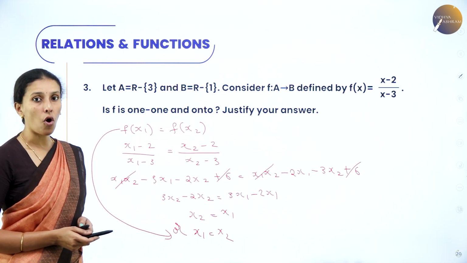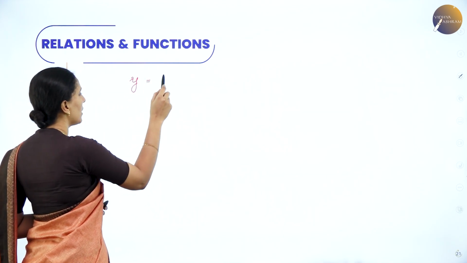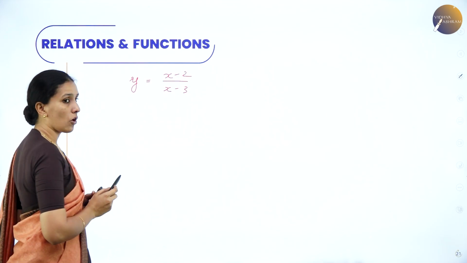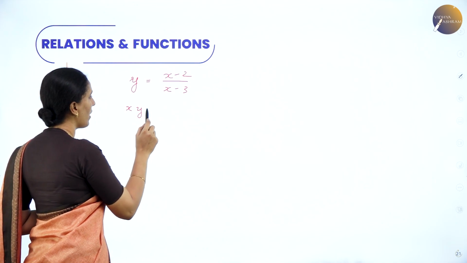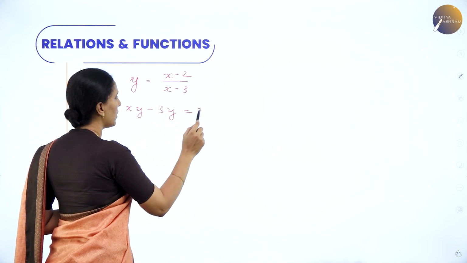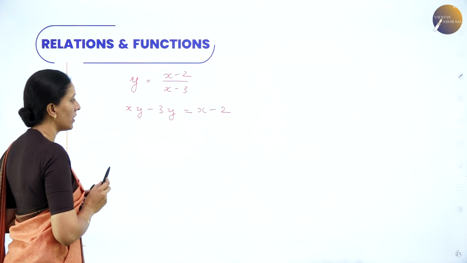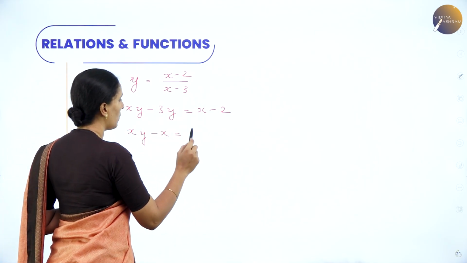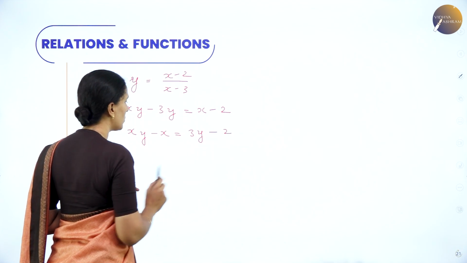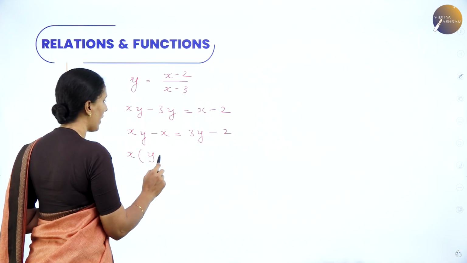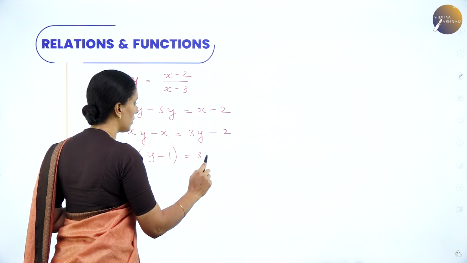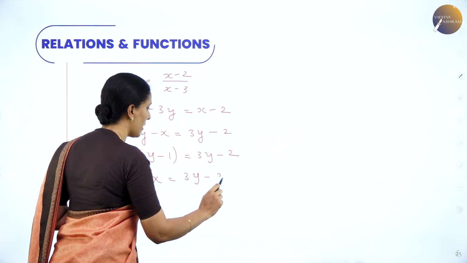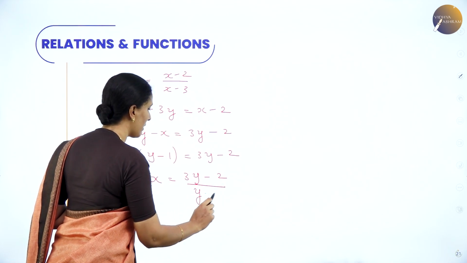Now let's check for onto function. So we have y is equal to (x minus 2) by (x minus 3). So let's cross multiply, then it is xy minus 3y is equal to x minus 2. Now let's shift here. xy minus x is equal to 3y minus 2. And if you take x as a common factor, then it is x times (y minus 1) is equal to 3y minus 2. x is equal to (3y minus 2) divided by (y minus 1).